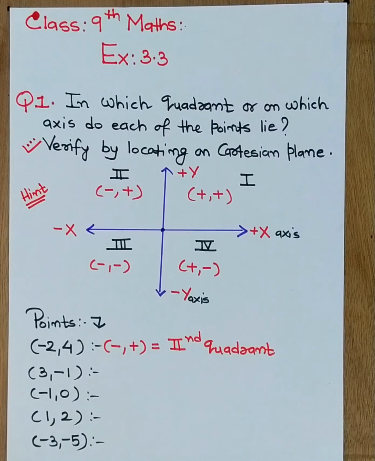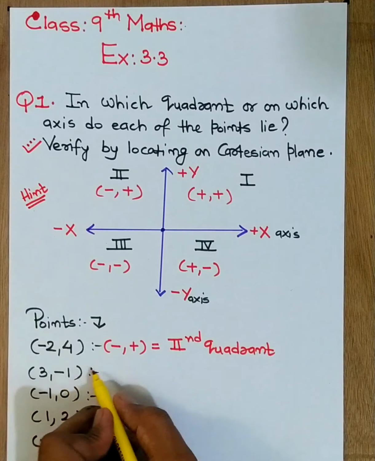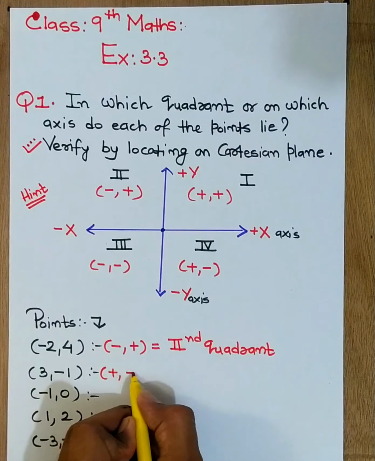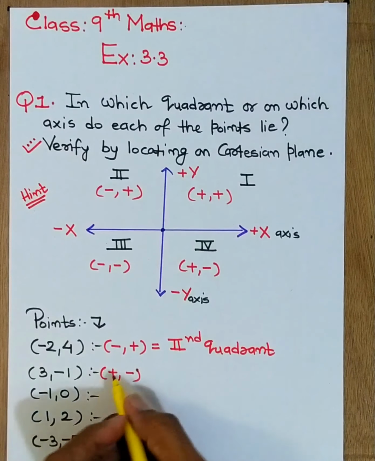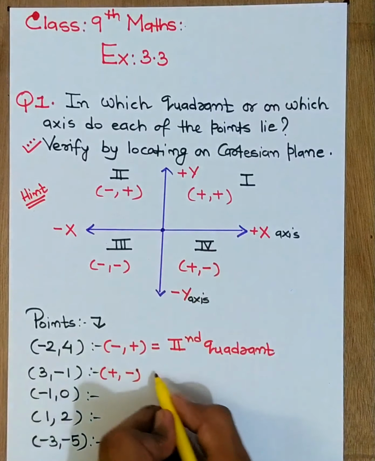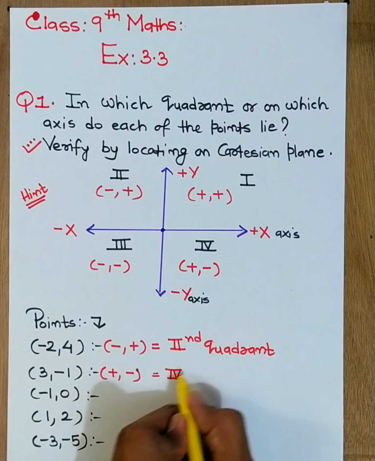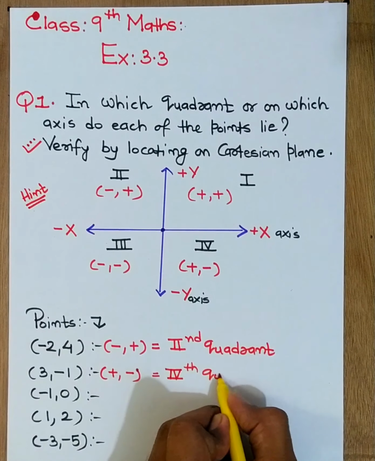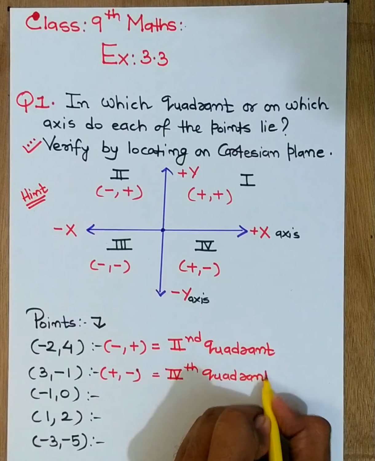Now you see the next one, (3, -1), so plus and minus, right? Plus and minus lies in the fourth quadrant. So here we have the answer, fourth quadrant.